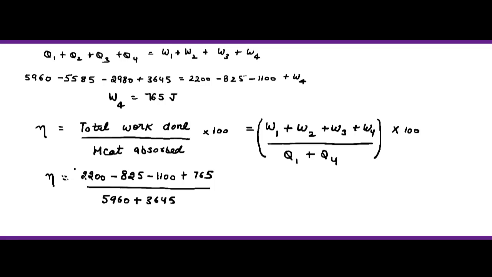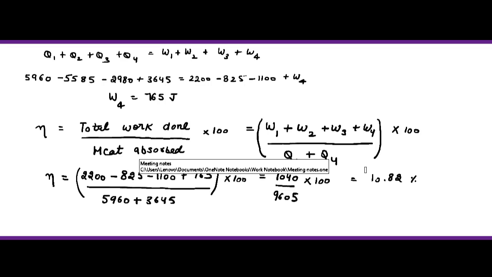Okay, now I also have to multiply with 100, so I will get 1040 divided by 9605 into 100, so it will be 10.82%. Okay, so it's our final efficiency, that is 10.82%. Thank you.